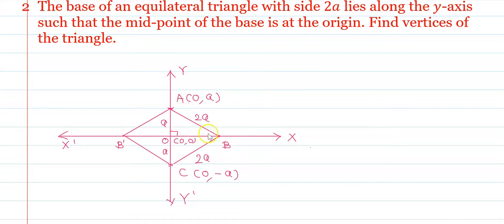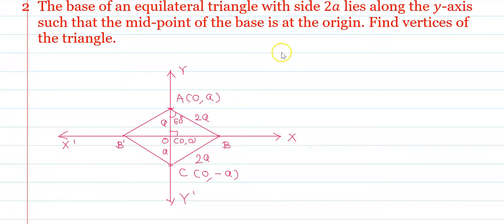This is a right angle triangle, and we know that the measure of this angle of the equilateral triangle is 60 degrees, and the side opposite to angle 60 degrees is root 3 by 2 times the hypotenuse, and so we will get here OB.